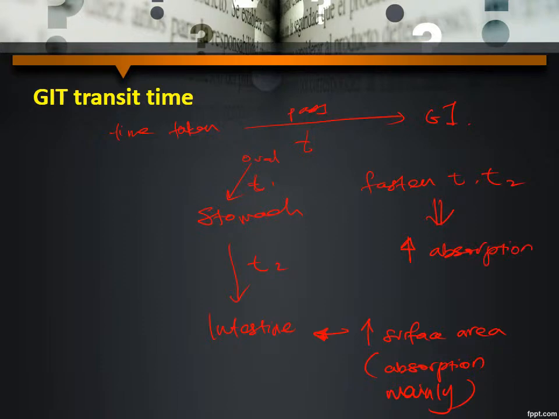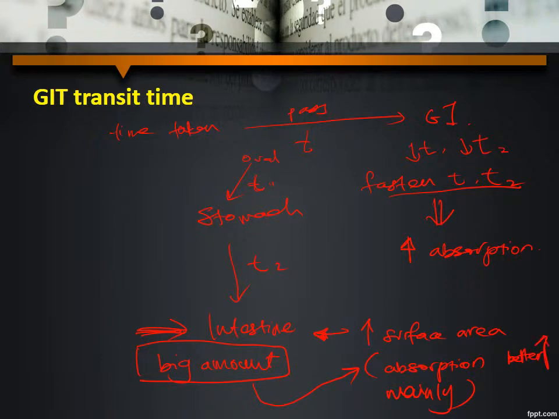Okay, so fasten T1 and T2 means you have a very low T1 and low T2 because it is time. So you have a very short time for T1 and T2, then they will reach the intestine. When they reach the intestine in a big amount, so this amount of drug is ready for absorption. So you will achieve a better absorption. Okay.